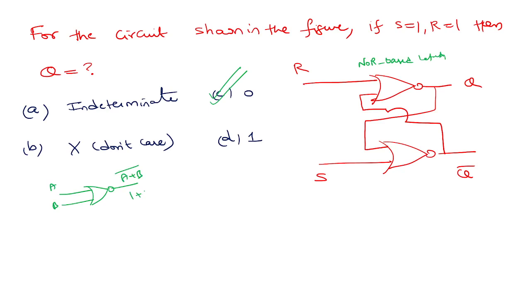If A is 1, B is 0, or A is 0, B is 1, or A and B both are 1, the output is going to be 0. That means if one of the inputs is 1, the output is going to be 0. So since R equal to 1, this is going to be 0. S equal to 1, this is also going to be 0. That's the answer. Any questions?